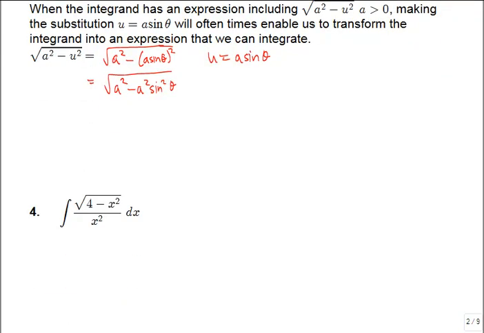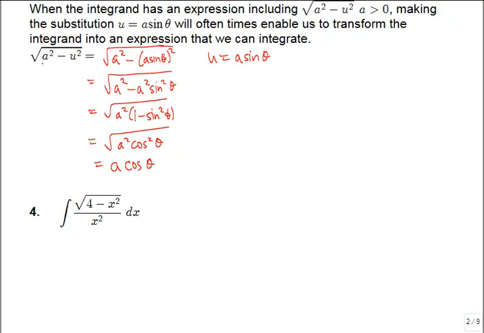Both of these terms have an a squared, so I'm going to factor it out. That leaves me with a 1 from this first term minus sine squared theta. And that is one of our Pythagorean identities. 1 minus sine squared theta is the same as cosine squared theta. And these are now both perfect squares, so I can easily take the square root of them and just get a cosine theta, which is something much easier to integrate than this yucky square root.